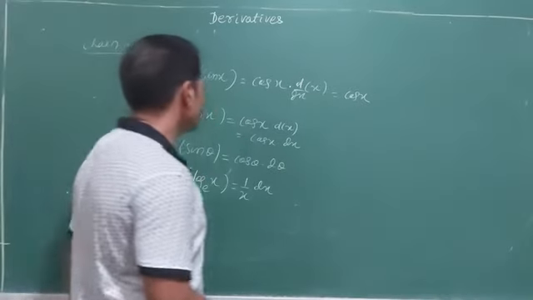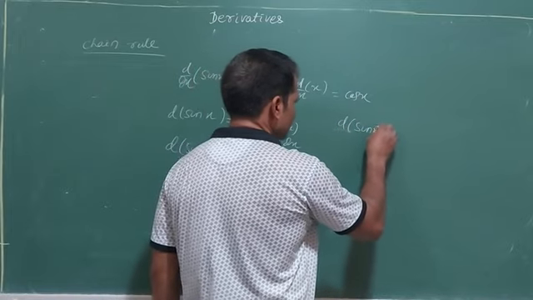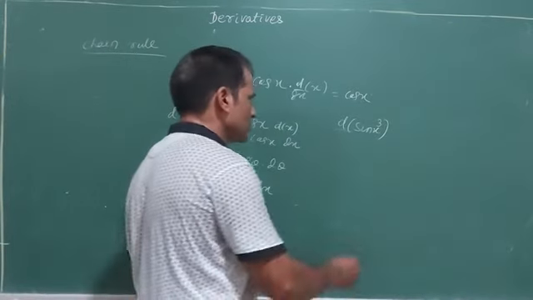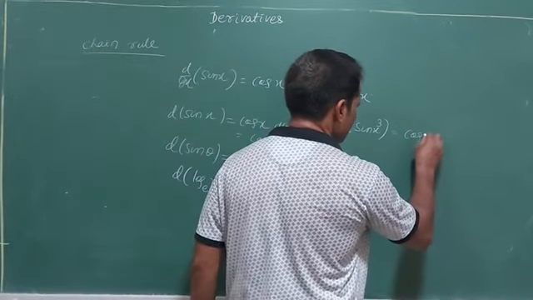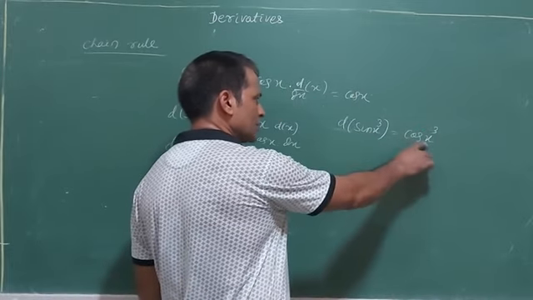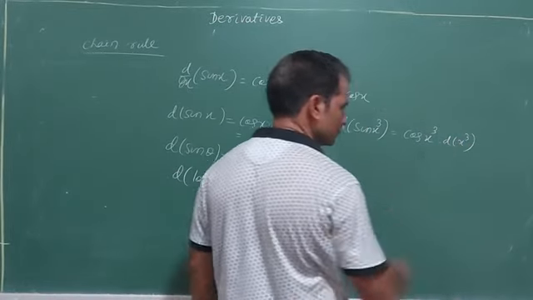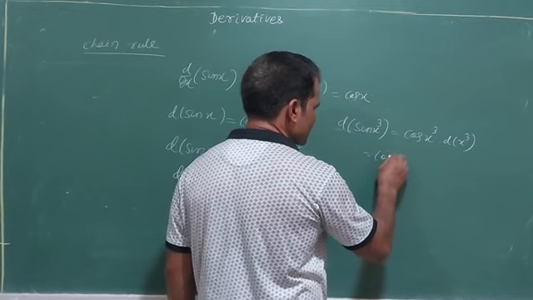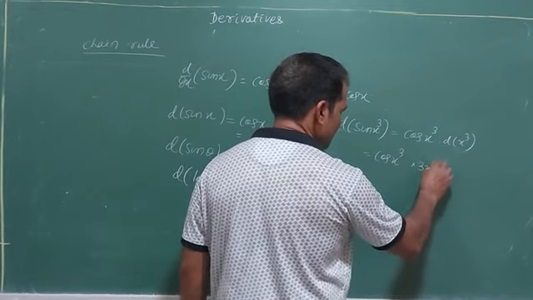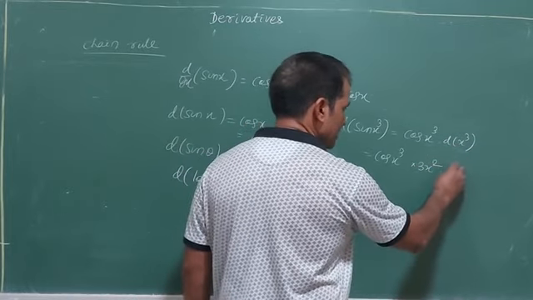Suppose I am writing d by dx of sin x cube, what happens here? d of sin x cube gives me cos x cube. I did the derivative of sin, whatever is inside stays, cos x cube into d of x cube. That gives cos x cube into the derivative of x cube, 3x square into dx.